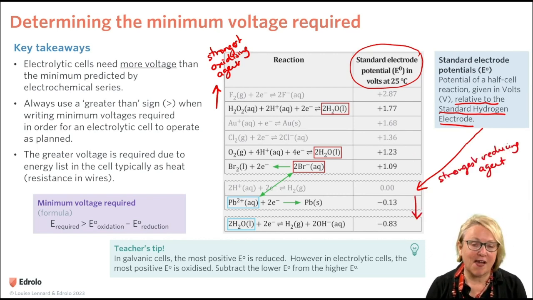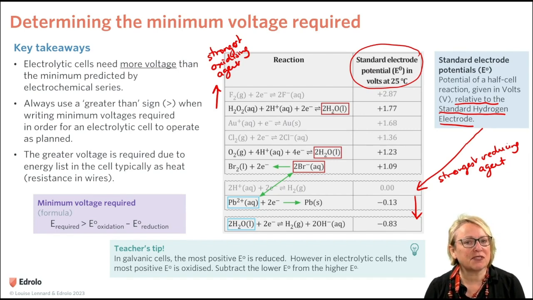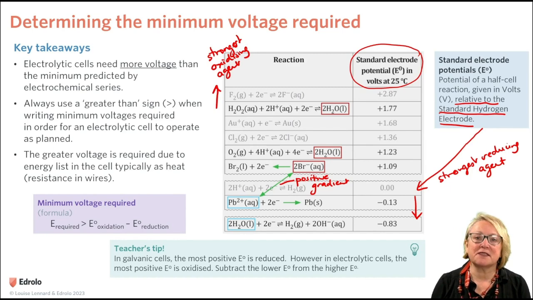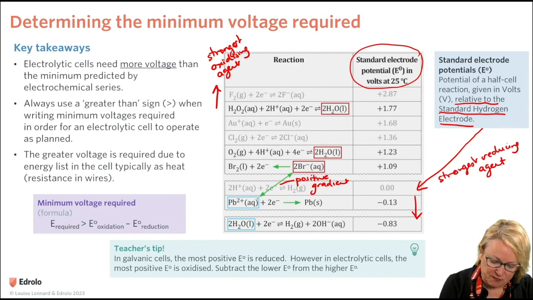But instead of having a negative gradient between the strongest oxidizing agent and the strongest reducing agent, in electrolysis we have a positive gradient. So if we identify the species that we have, in this case we've got Pb2+ aqueous, we've got water as a reducing agent as well, and bromide ions.